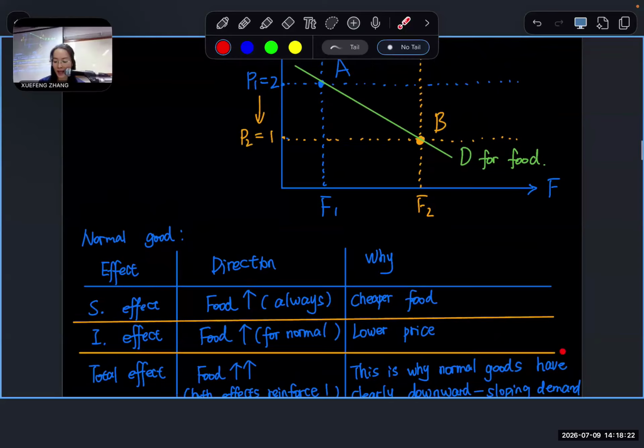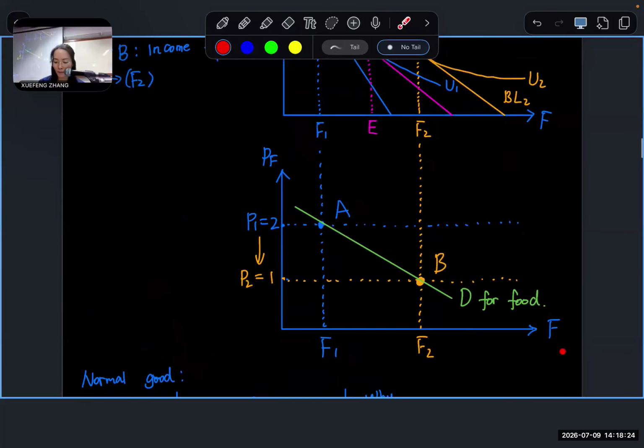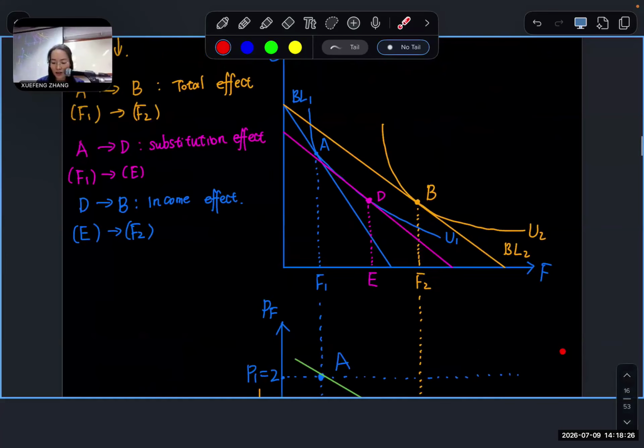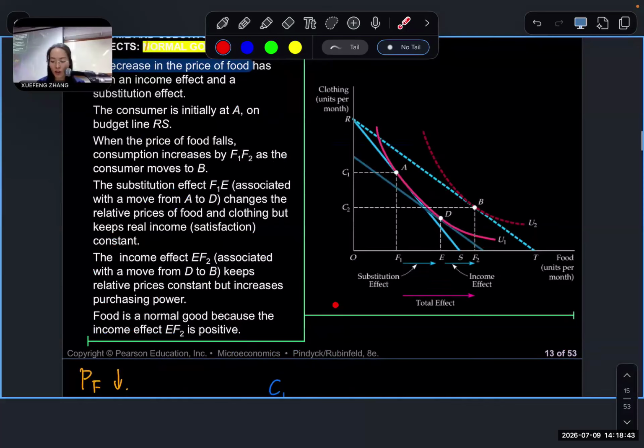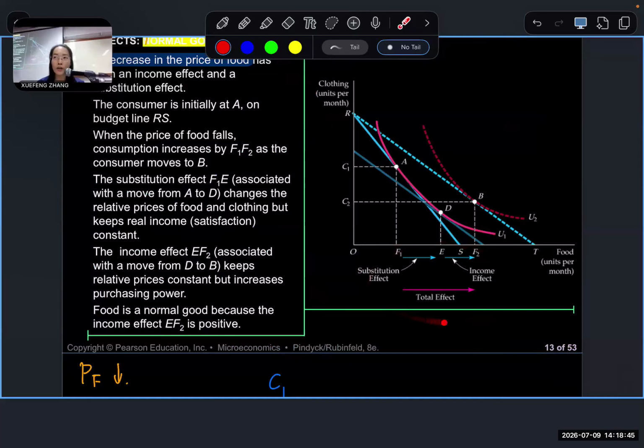Look back to the graph. From F1 to E, this is a shift from point A to point D at the same utility level, which is U1. So here is our substitution effect. You can also check by the official graph here.